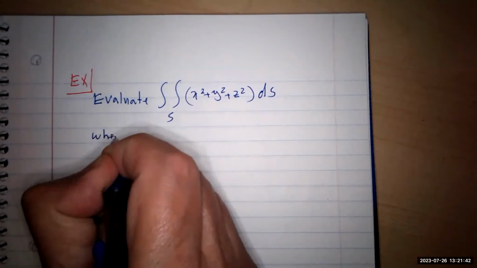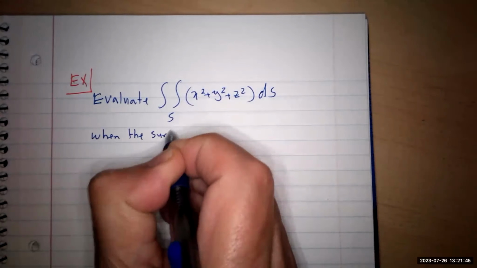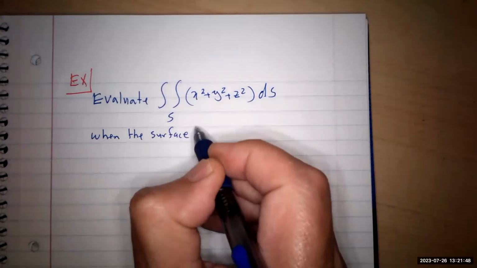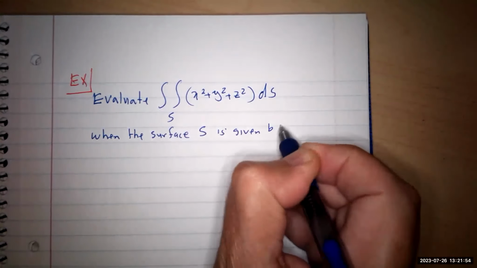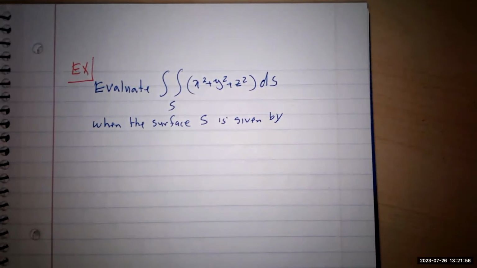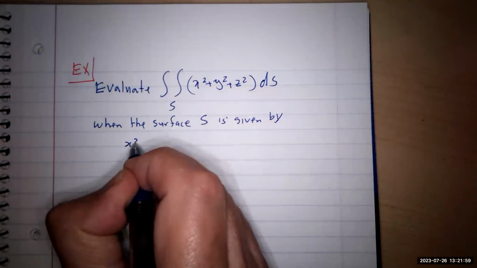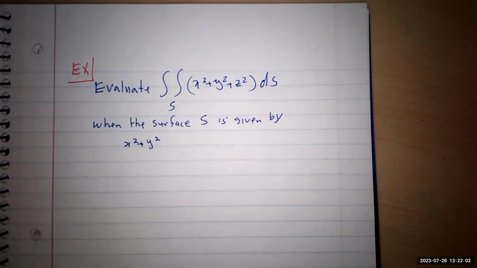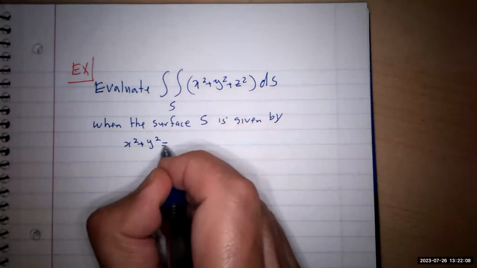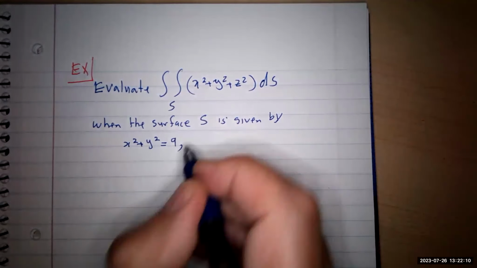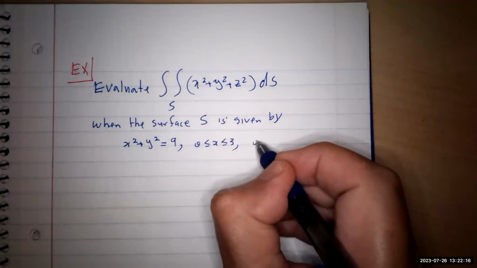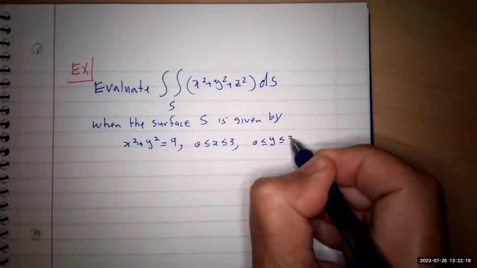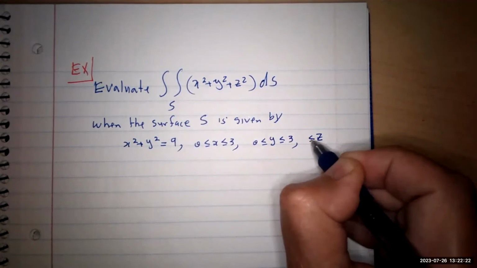The surface S is given by, this is the information that you have, x squared plus y squared equal to 9, a circle. Then x is between 0 and 3, and y is between 0 and 3, and z is between 0 and 9.